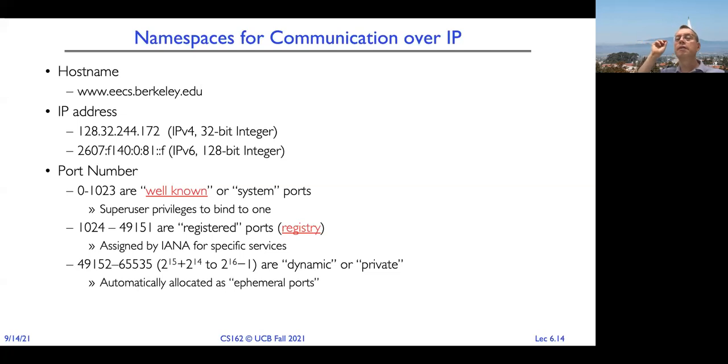You also need to identify the process to which you are going to send. And from the network perspective, that process is identified by a port number, right? From outside the computer, it's not identified by the process ID, it's by this port number, okay? Port numbers have 16 bits.